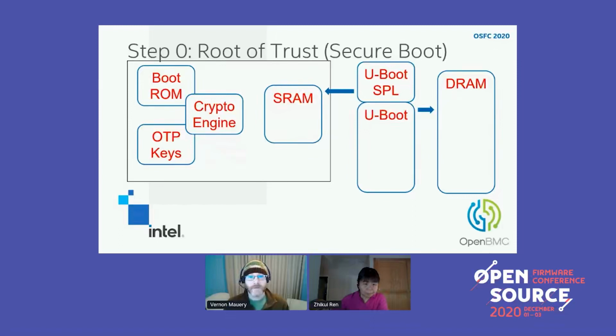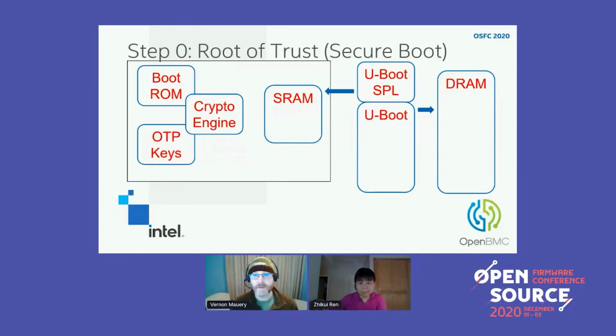So the SoC boots up this ROM code, which then knows how to load a small chunk of code from the SPI flash or from the eMMC, and loads that into the internal SRAM, where it can use the one-time programmable keys that have been provisioned already, as well as the hardware crypto engine, to be able to authenticate a signature on that code.